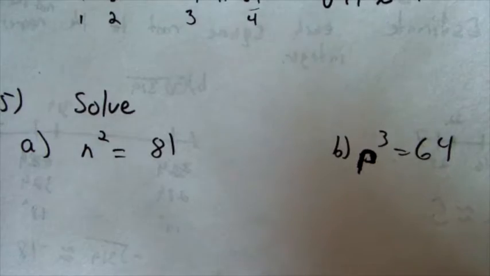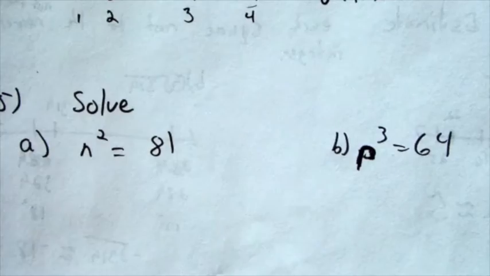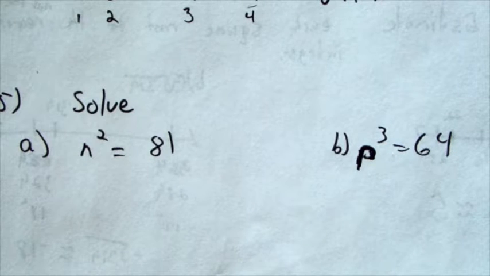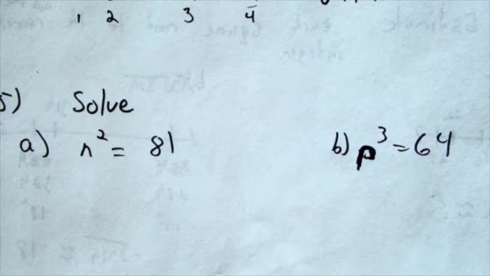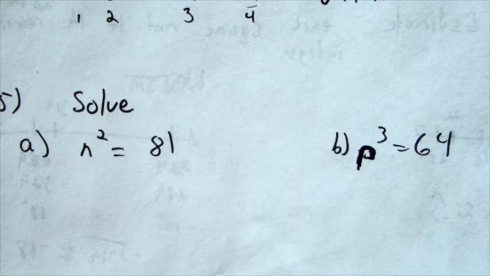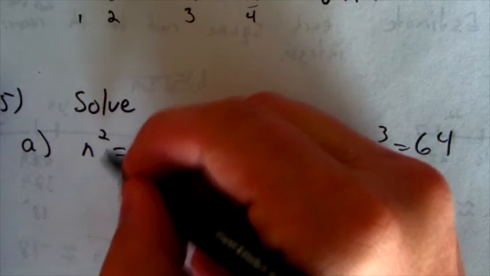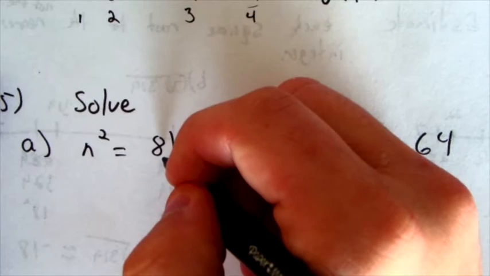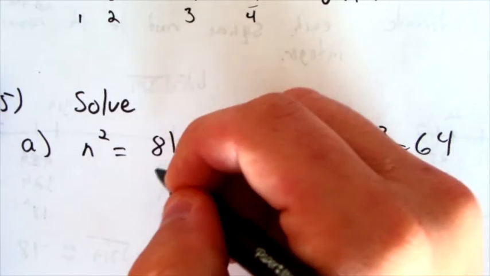Now, example 5, this is where we might run into some issues, because it's not asking you for the square root of 81. It's asking you what times itself, or what squared, is 81. And that's two very different questions. So here, what times itself is 81? Well, I know that the square root of 81 is 9.